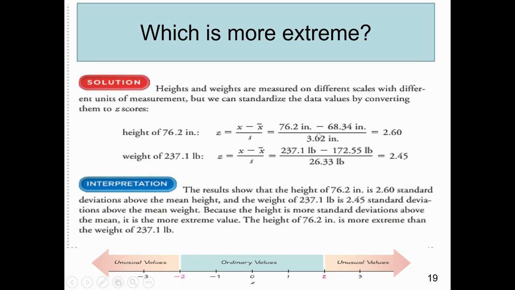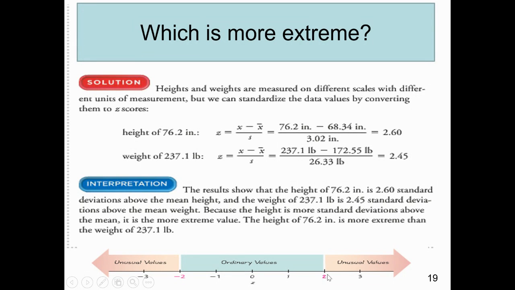If I take the height of 76.2 and subtract the mean of all men, and divide by the standard deviation of all men, I have a z-score of 2.60. And if I do the same thing with the weight of 237, subtracting the mean of all men, dividing by the standard deviation of all men, the z-score is only 2.45. So somebody that's 76.2 inches tall is more extreme because the z-score is a larger number.